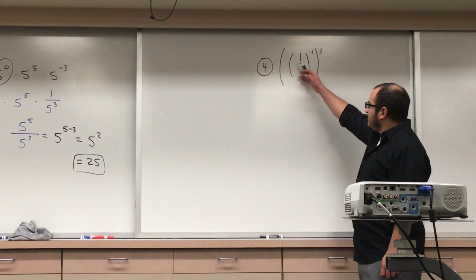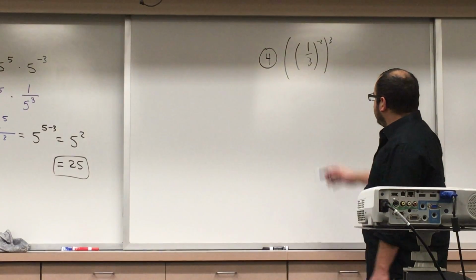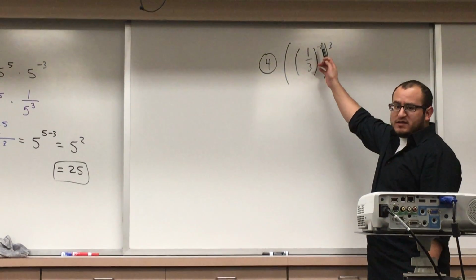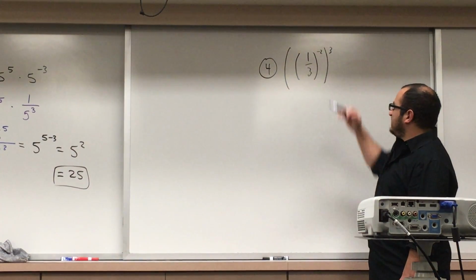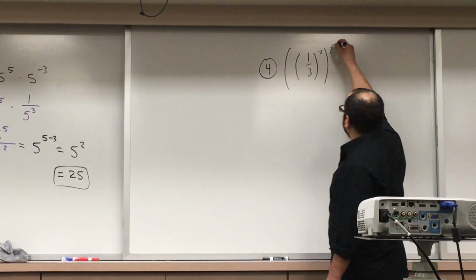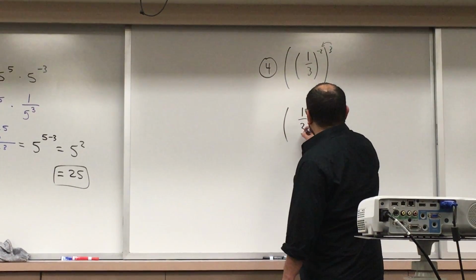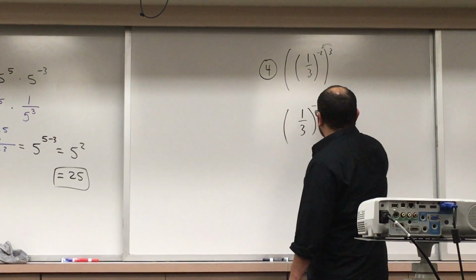For number 4, I have 1/3 as my base, and that is being raised to the -2, and I'm multiplying the entire thing by 3 to the -4. So I'm going to multiply, which gives me 1/3 to the -6.